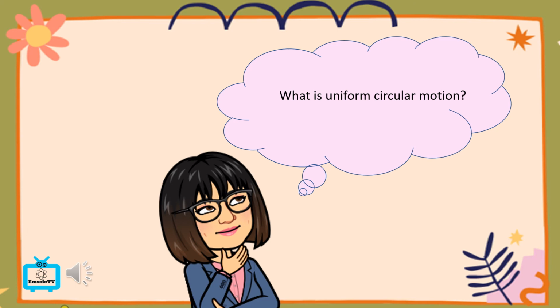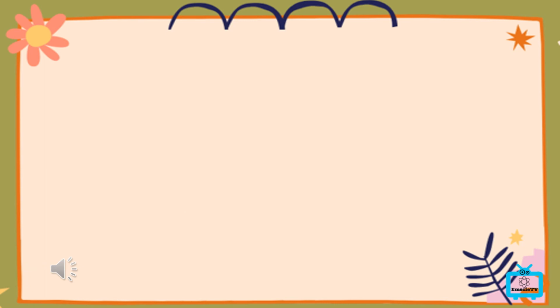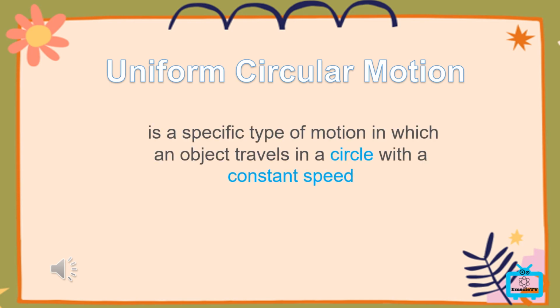So what is uniform circular motion? Uniform circular motion is a specific type of motion in which an object travels in a circle with a constant speed, just like the concept in a Ferris wheel.